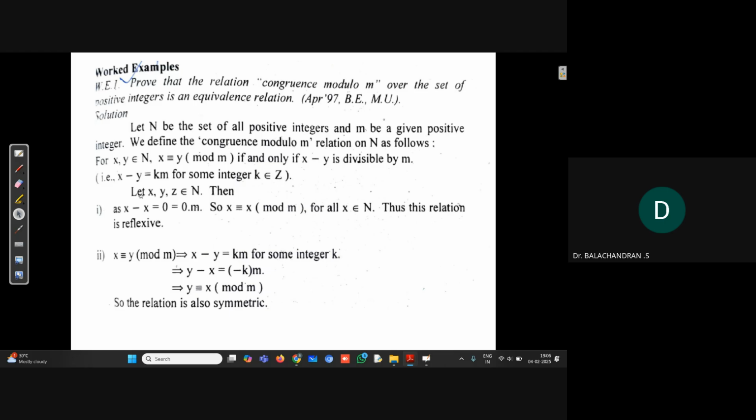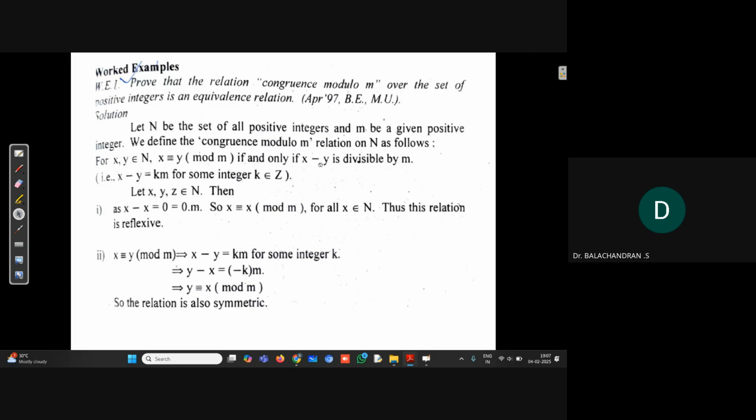Now I'll take three elements x, y, z belongs to capital N. I want to prove the relation is reflexive. To prove the relation is reflexive, I need to prove x is congruent to x mod m. So I need to prove x minus x is divisible by m.